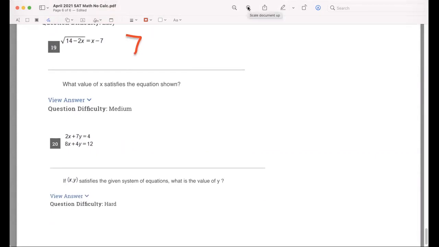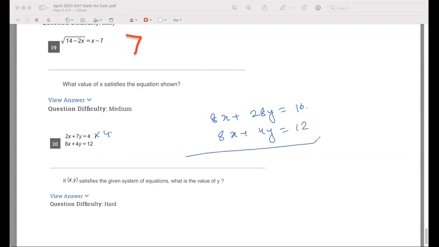And the last question. If (x, y) satisfies the given equation, what is the value of y? I need to find y. I can multiply the first equation by 4. So 8x plus 28y is 16, and then we have 8x plus 4y is 12. When I subtract the two equations, the x's cancel and I get 24y is 4.